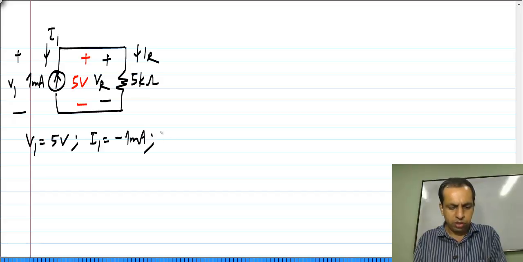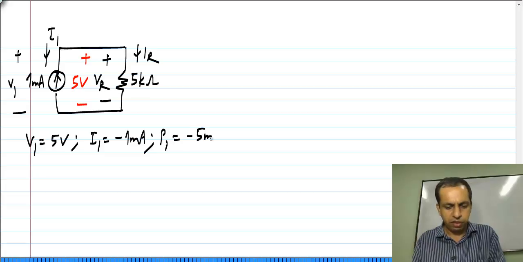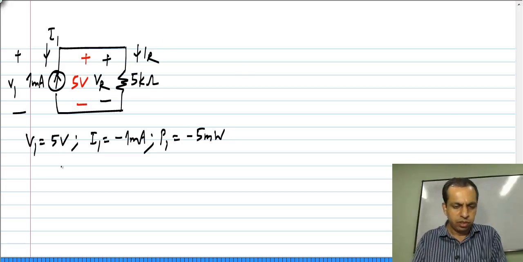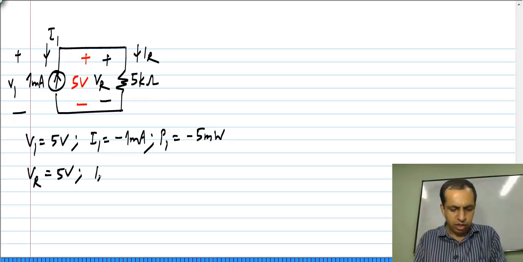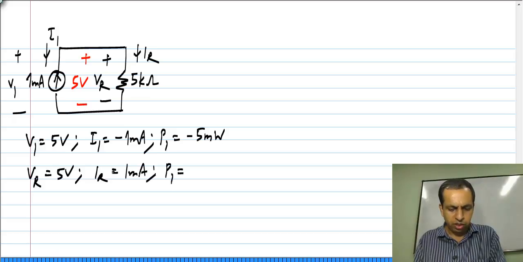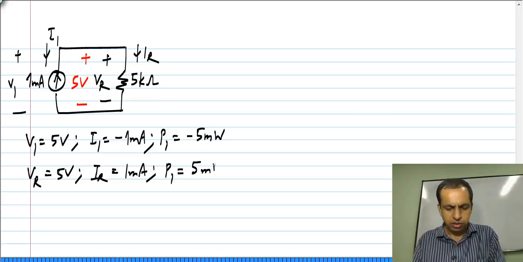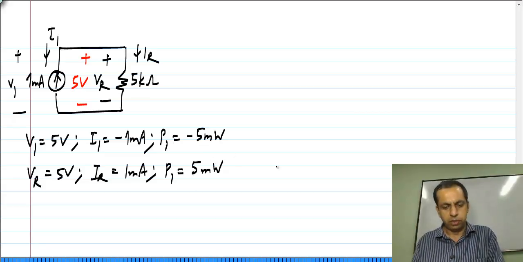So, their product P1, which is V1 times I1, is minus 5 milliwatts. And as far as the resistor is concerned, VR is 5 volts and IR is 1 milliamp, and their product is 1 milliamp times 5 volts, which is 5 milliwatts.